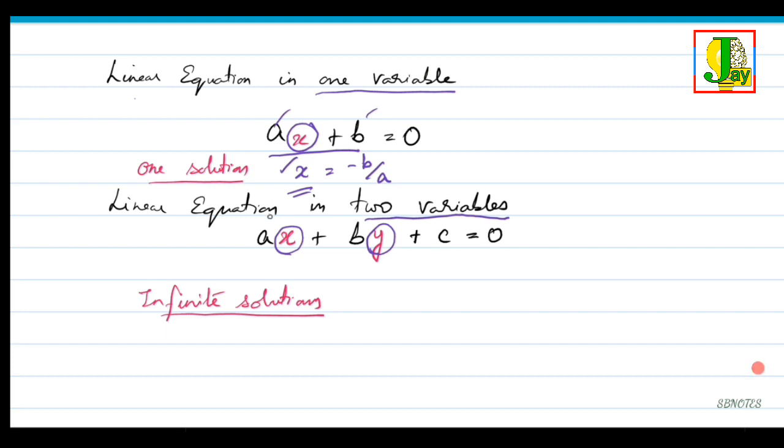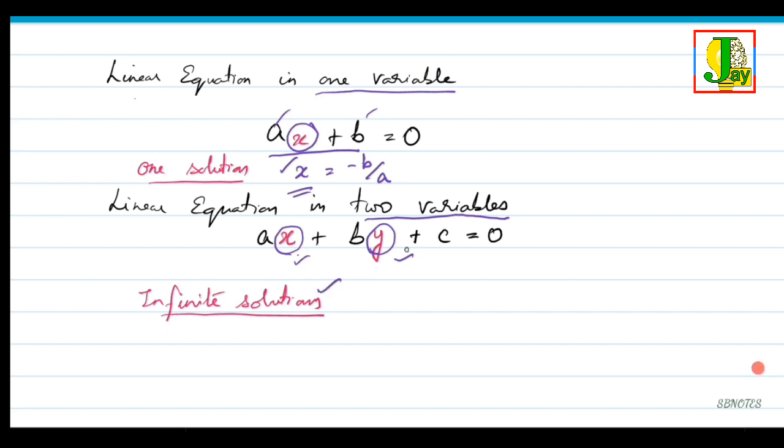How many solutions do we have? Since we have two variables, we need the value of x as well as the value of y that satisfies this equation. For each value of x there will be a different value of y, so we have infinite solutions.